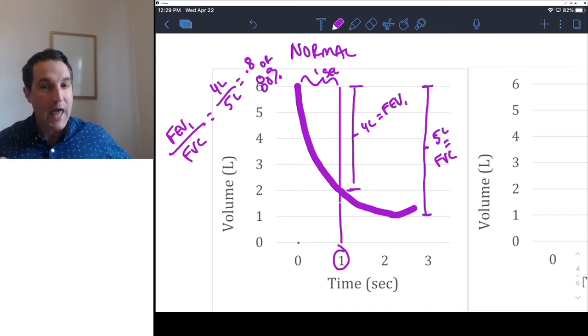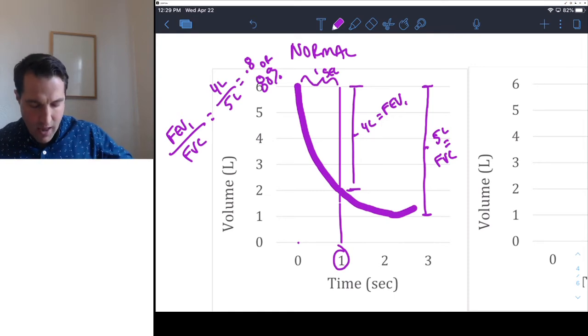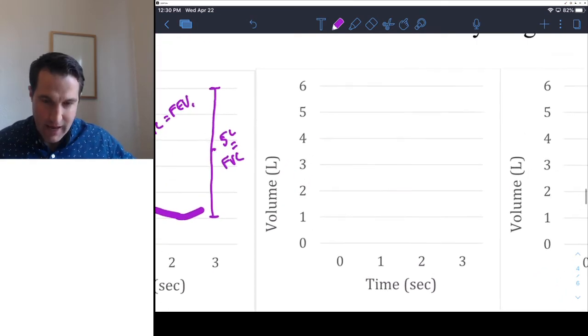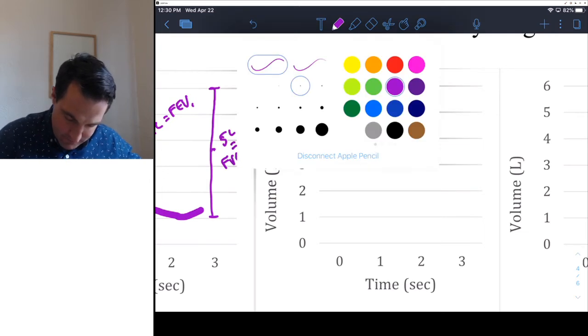Now, what happens to this figure if we have somebody with obstructive lung disease? All right? And remember what we said about obstructive lung disease. It's generally trouble breathing out.